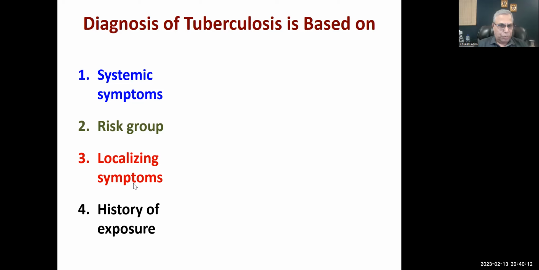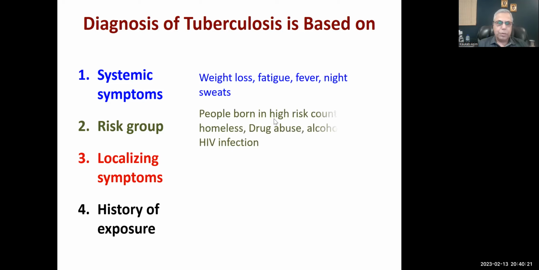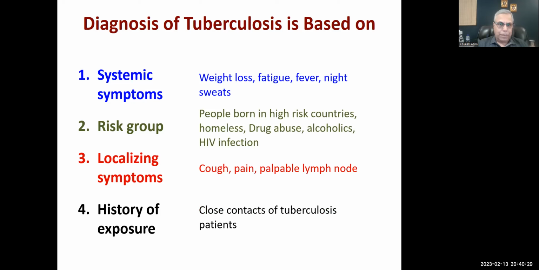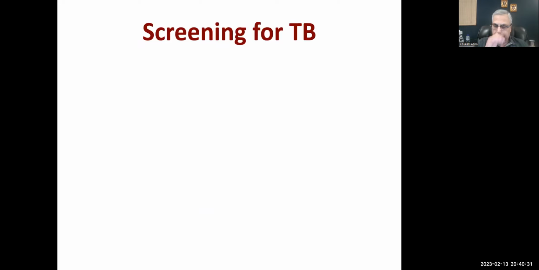Localizing symptoms to that specific organ, most commonly it is pulmonary, and history of exposure. So systemic symptoms I've given you over here, risk groups I've already given you, localizing symptoms depending upon the organ involved and history of exposure. So we don't need to go into any more details over here.